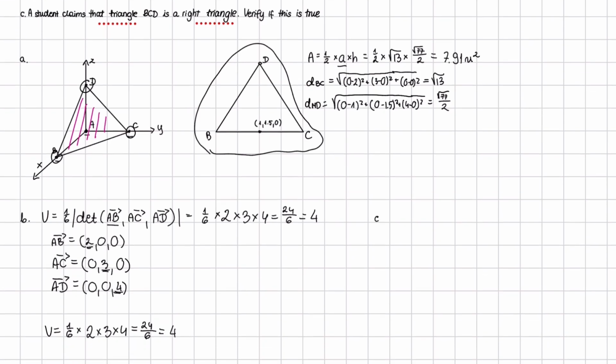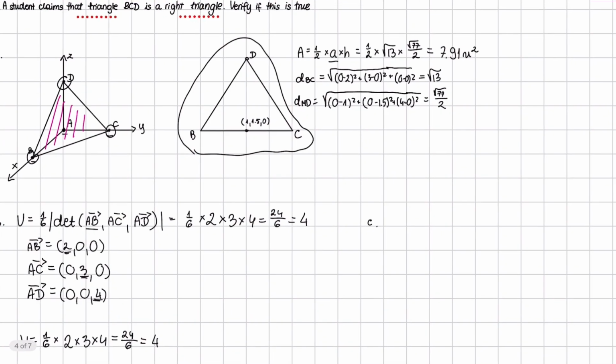But we can, for example, use the Pythagorean theorem and just show that a squared plus b squared doesn't equal c squared. So we have already calculated this side, and this is the square root of 13.